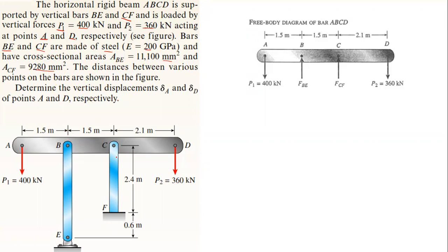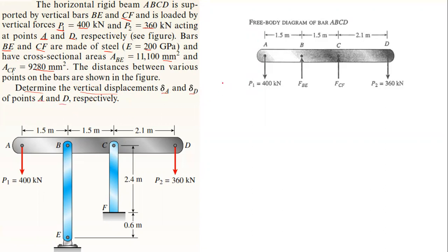The distances between various points in the bars are shown in the figure. Determine the vertical displacements delta A and delta D of points A and D respectively.